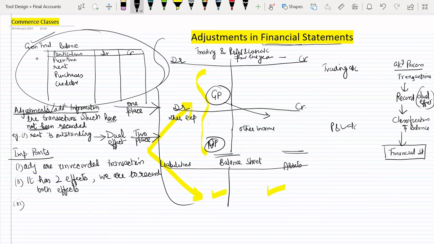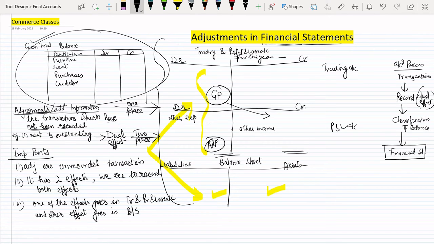Thirdly, usually, because I won't say that this rule holds true for 100% of the cases, but most of the time, you can say 99%, one of the effects goes in trading and profit and loss account, and the other effect goes in balance sheet.